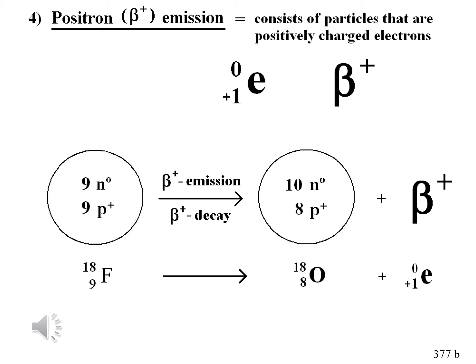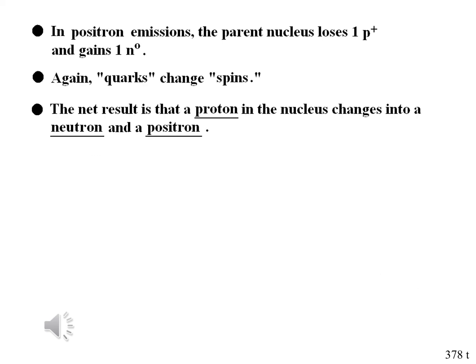So what happens in a positron emission is that you get an extra neutron, but you lose a proton. And so what people are convinced happens in this reaction is that you actually convert a proton into a neutron this time. And of course, this has to do with quarks flipping.